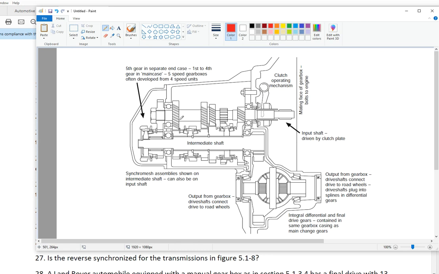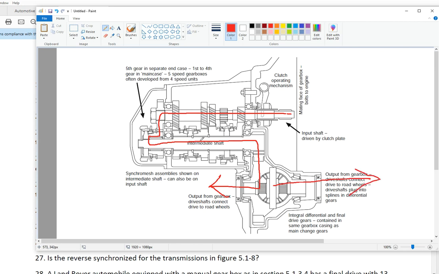So first gear would be here, a small pinion meshing with a large gear. Here we have a large pinion that is the input gear meshing with a smaller gear that is driven. Okay, so the path would be this way, like so. Here we have the synchronizer, and then goes like so, in this way, and then to the wheels.